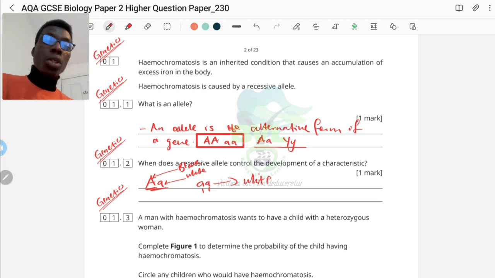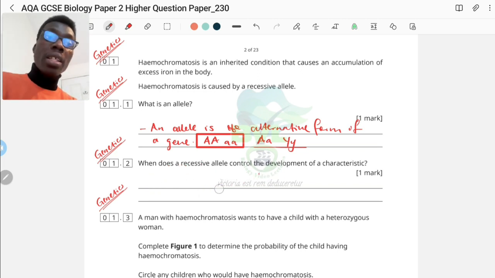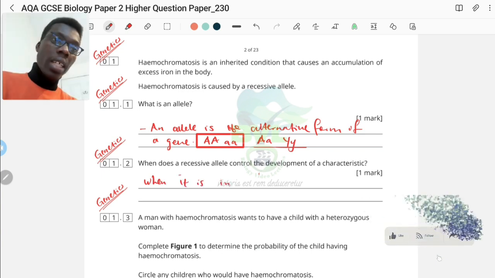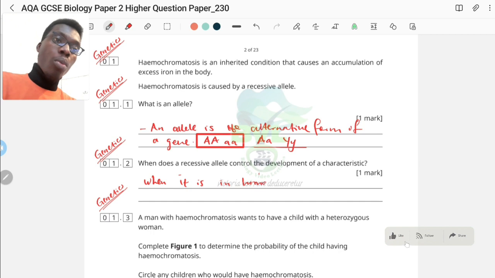To cut the story short, all of this explanation was to make you understand: when does a recessive allele control a characteristic? The answer is when it is in homozygous form.